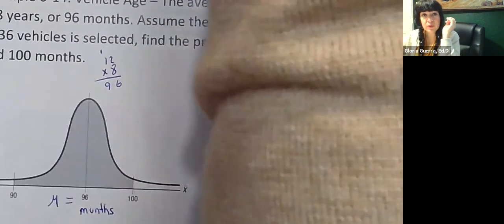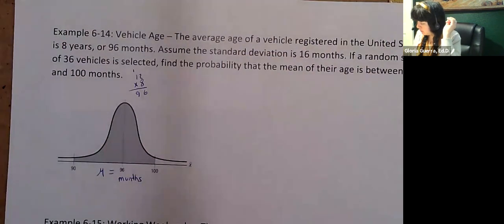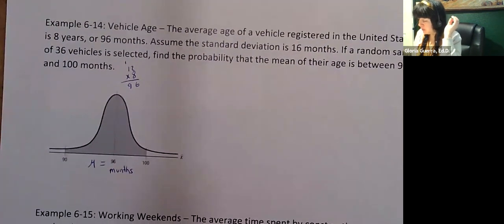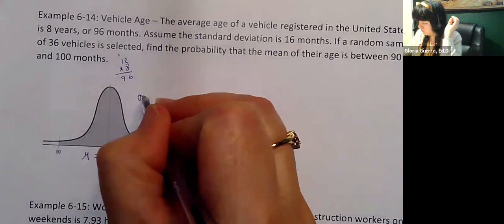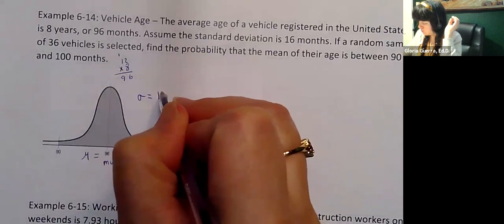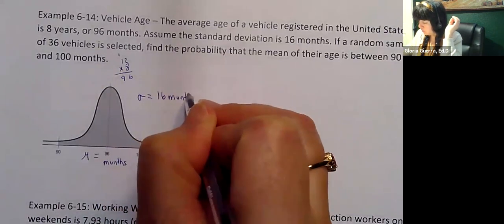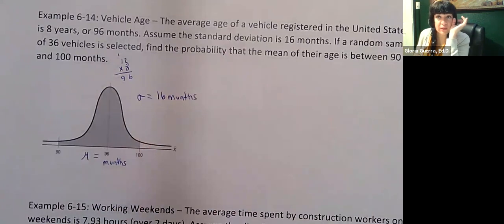If you keep reading, it says assume the standard deviation is 16 months. Since you have years and months, you want to put everything in the same unit, and we usually use the smaller unit, which between years and months is months. So we put everything in months.